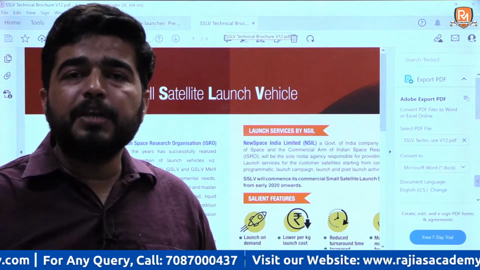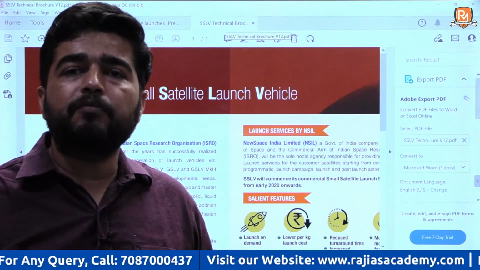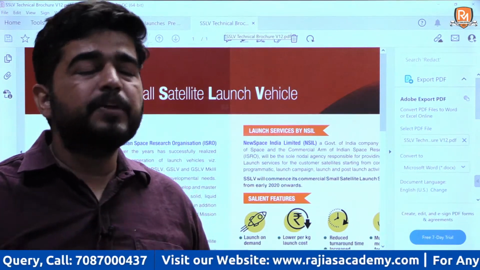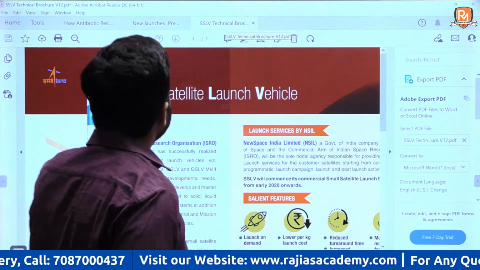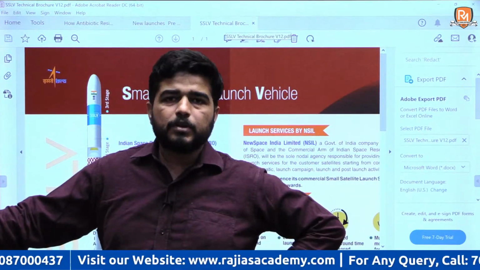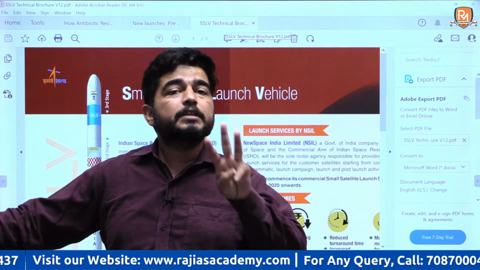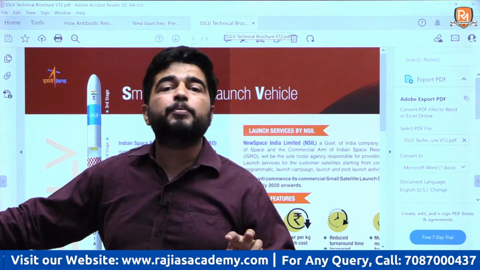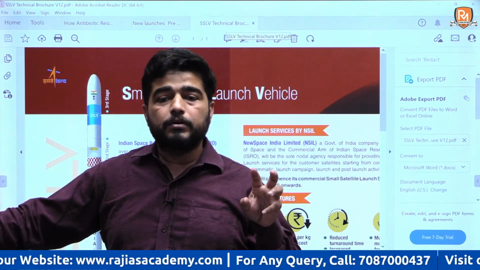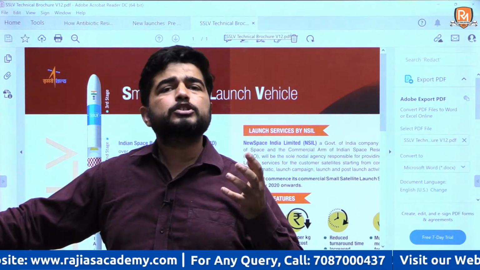To save money and energy, ISRO has developed a new launch vehicle, which is very important: the small satellite launch vehicle. Listen carefully, this is a 3-stage solid propellant vehicle, meaning all the fuels will be solid.